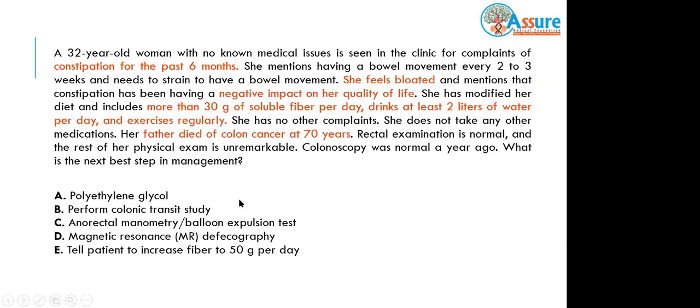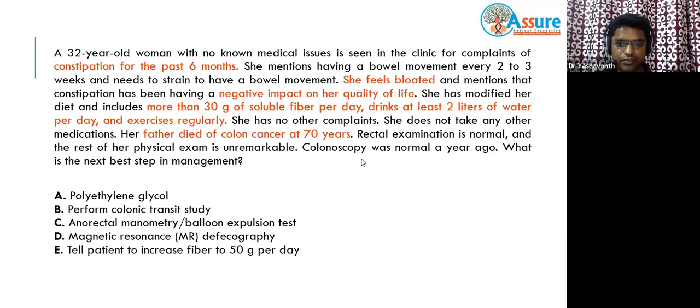So this is a question. Let me read. A 32-year-old woman with no medical issues is complaining of constipation for 6 months. She mentions having bowel movements every 2 to 3 weeks and needs to strain to have a bowel movement.